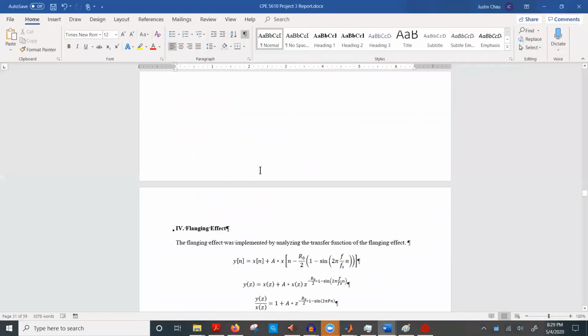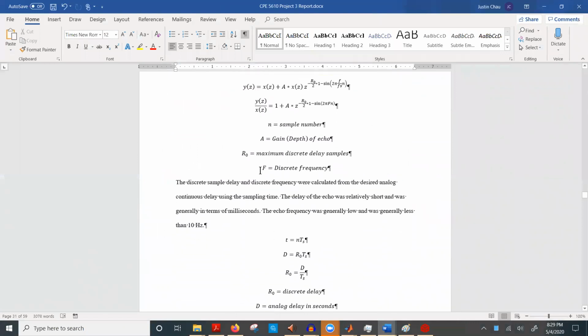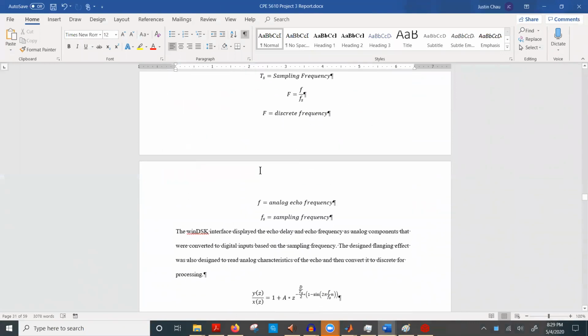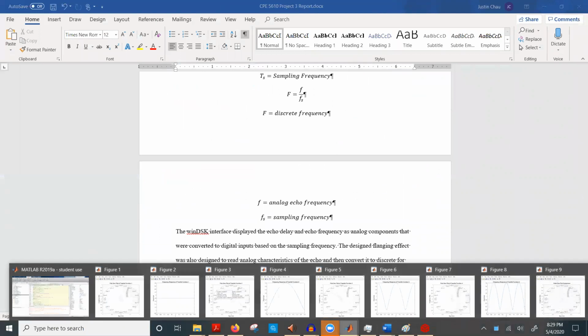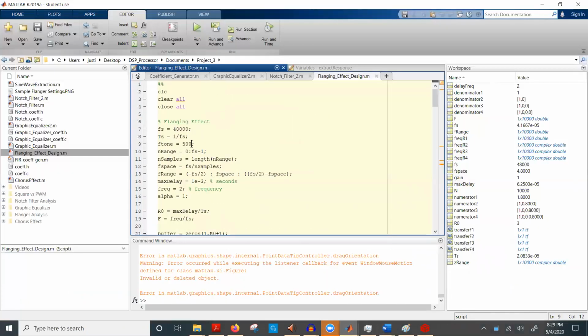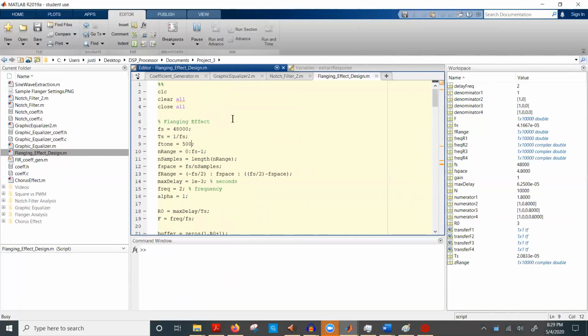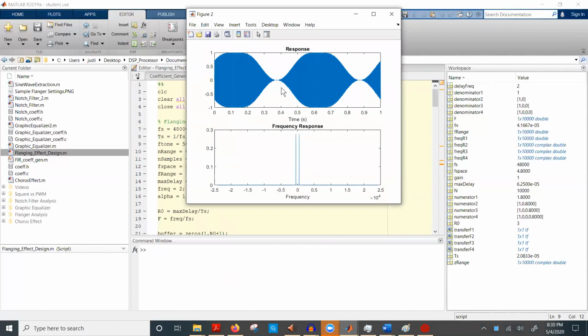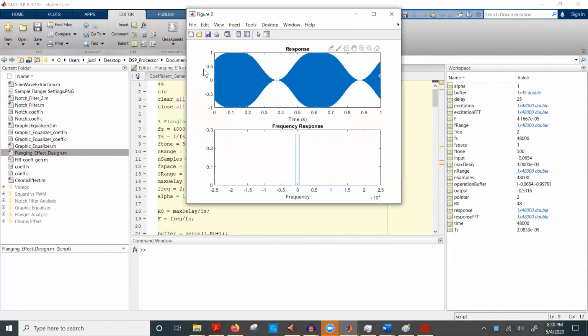So that's all for the flanging effect and for the chorus effect, because in the frequency response, oh, I forgot to talk about the frequency response for the flanging effect. So real quickly, I'm going to do a flanging effect simulation, and the same thing pretty much applies to the chorus effect. So the flanging effect simulation is that it basically gets modulated with a signal of that frequency.